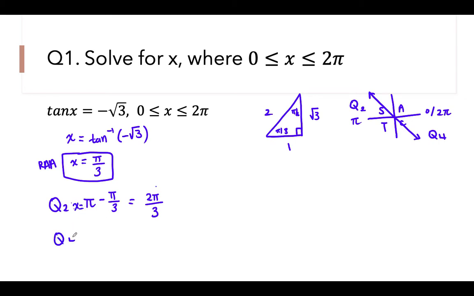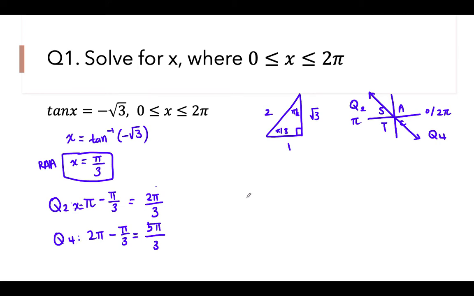And for quadrant 4, the formula is 2 pi minus theta. In this case, my theta is pi over 3, my related acute. So make the same denominator. It will be 6 pi minus pi, so it's going to be 5 pi over 3.